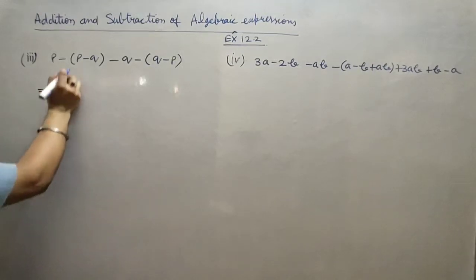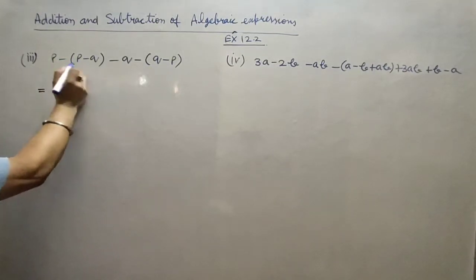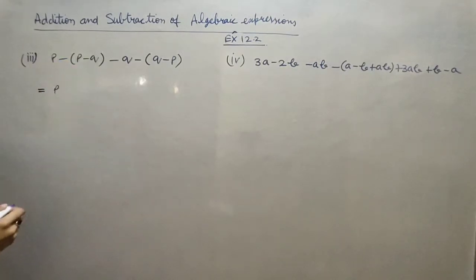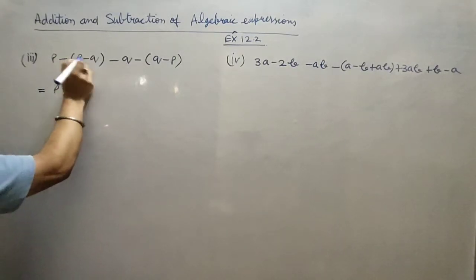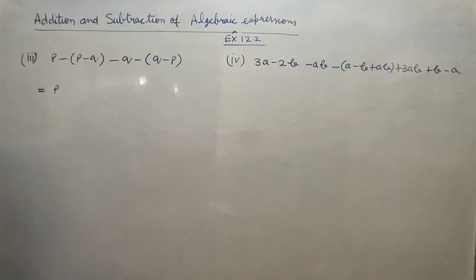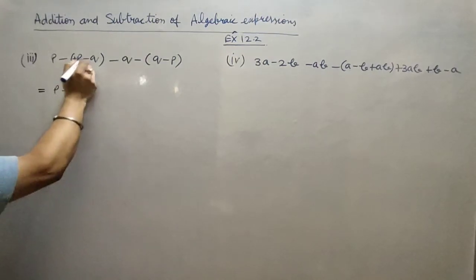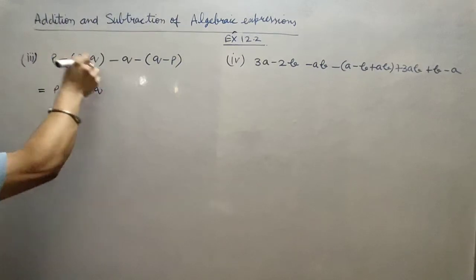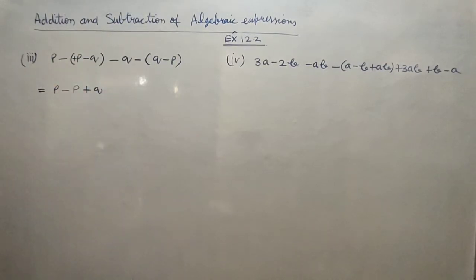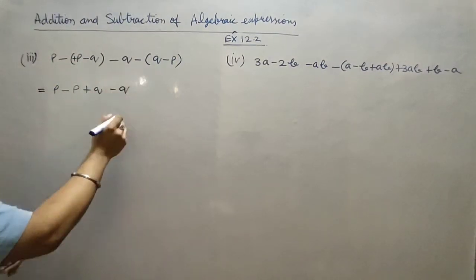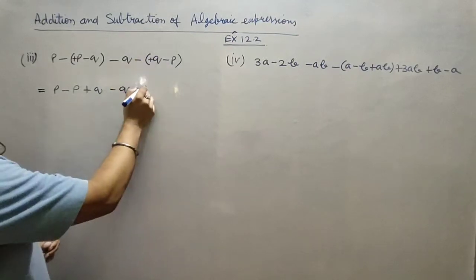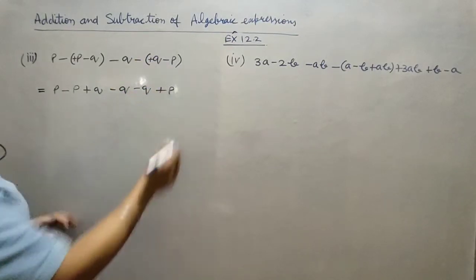Now in this case, there is a minus outside of this bracket. What does the minus do? Minus will change the sign inside each term. So it is plus, so it will be minus. It is minus, it will be plus, because minus becomes plus. Now it will be q, and again there is a change in sign, minus q and plus p.